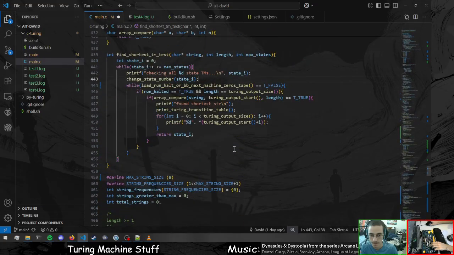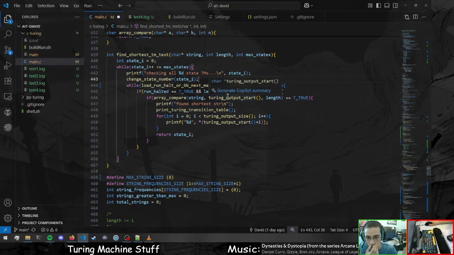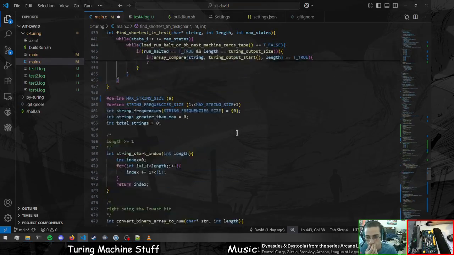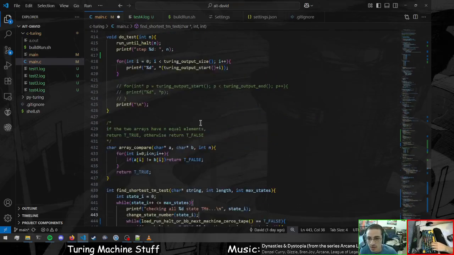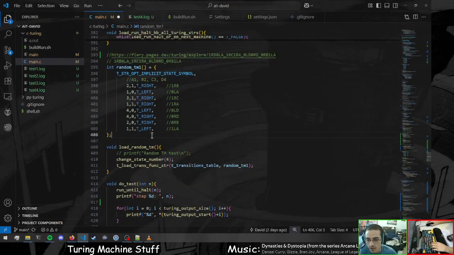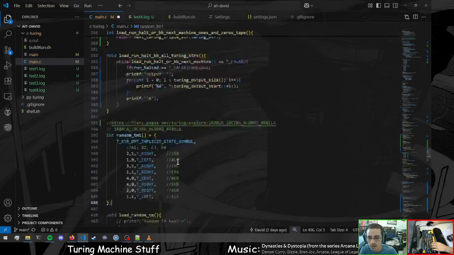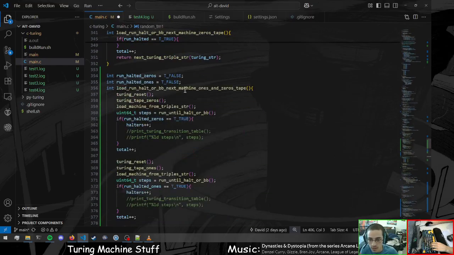Let's see. This isn't all the way accurate, my friends. I can't just do that, because I have to actually store the output.